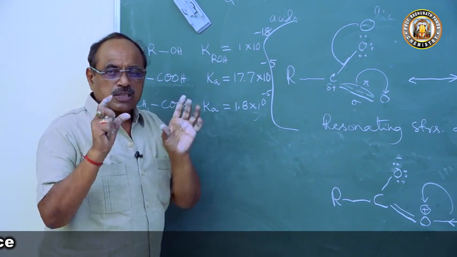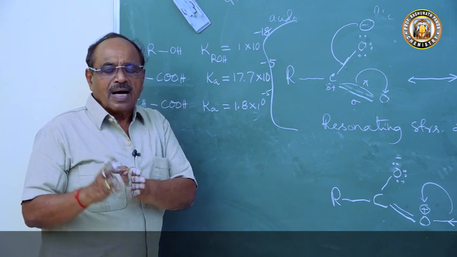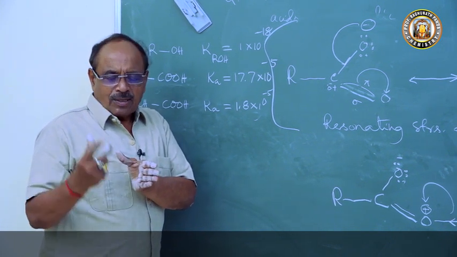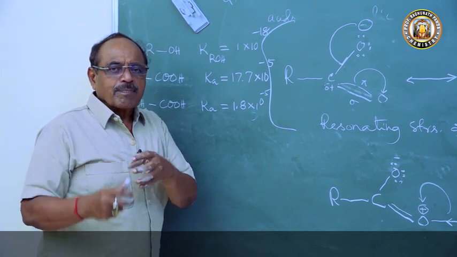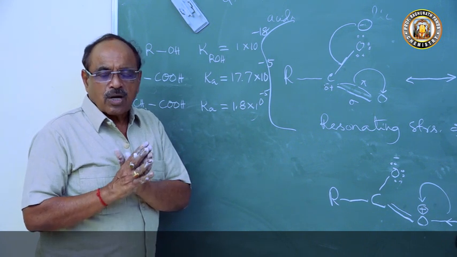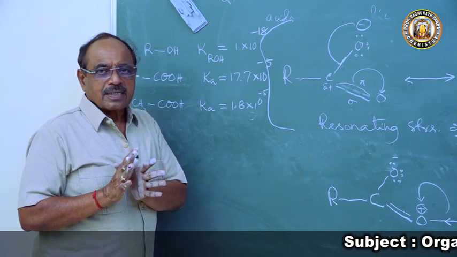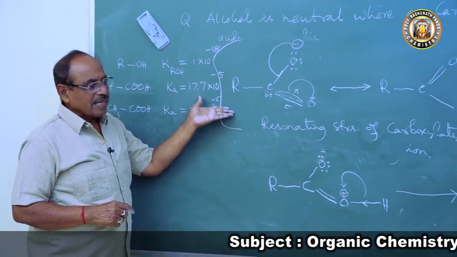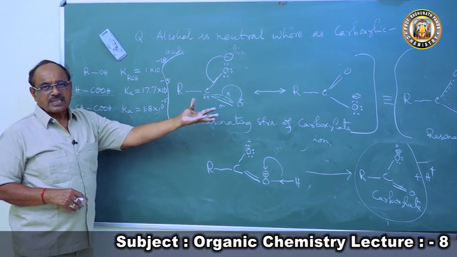So, just to complete this sentence, alcohol dissociates to form the alkoxide ion, donating a proton, but the alkoxide ion is strongly basic, so it attracts the proton and back protonation is possible. Hence the alkoxide ion cannot exhibit resonance and is not resonance stabilized. There is a probability of coming back to alcohol, but carboxylic acids dissociate to produce the carboxylate ion and H plus ion.